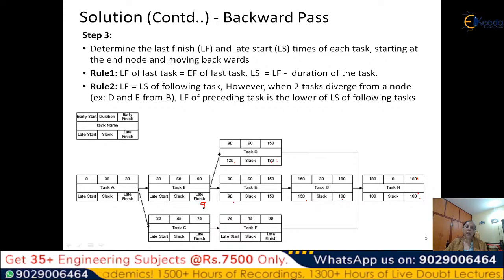Because if I don't put 90 here, then this cannot start. This may be able to start, but this cannot start. So I have to finish it, late finish, by 90 days so that this one can start. So when I come back, I have to use this diverging rule, and take the lower of this into this.